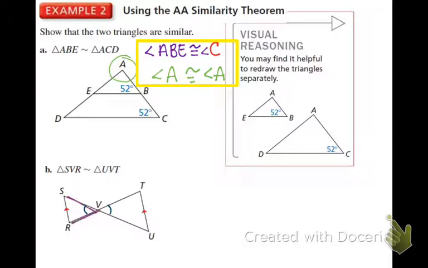So I'm going to name the angle on the left first. I can't name it angle V because there's 1, 2, 3, 4 angles at V. So I want to name this angle in particular. So what would I name it, Renee? He said RVS. Same thing as SVR.